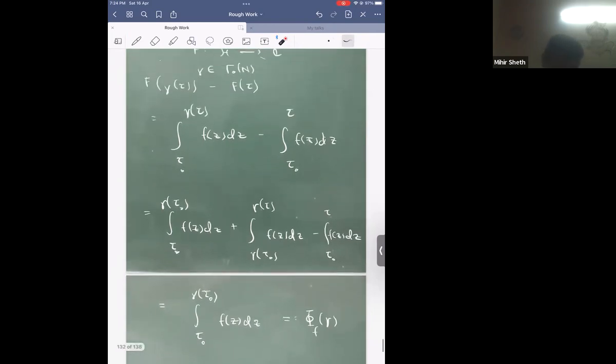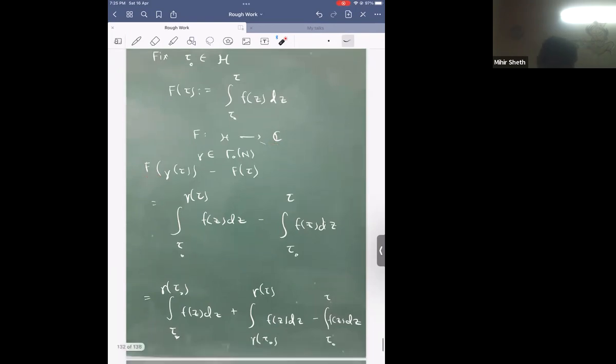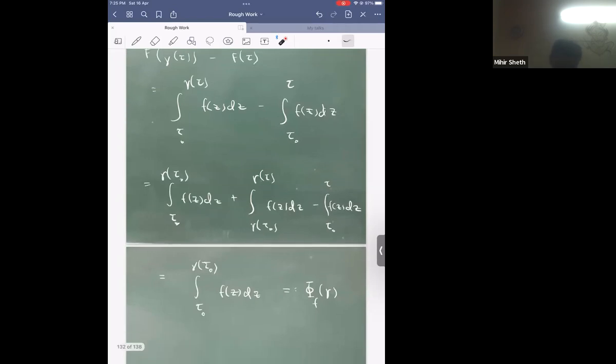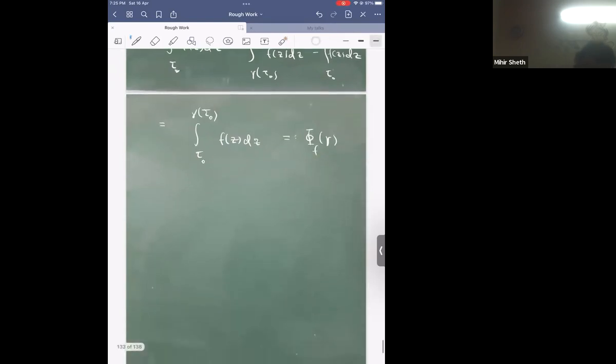So I first constructed this function f from the upper half plane to the complex numbers, and I found out that f of gamma tau minus f of tau is actually independent of tau. So it depends only on my gamma and the form f that I began with.